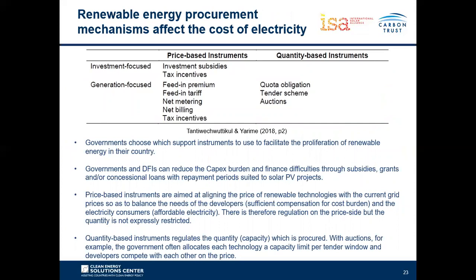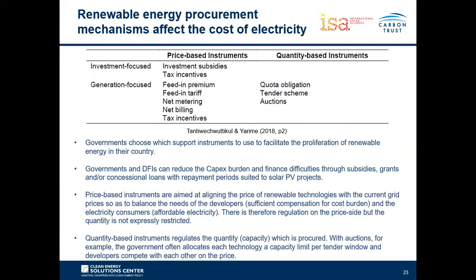Now, just looking at the procurement mechanisms which affect how much electricity comes from these projects and at what price, we see broadly there are two different types: a price-based and a quantity-based procurement mechanism. Under the price-based mechanisms, this is where you find your feed-in tariffs and your feed-in premiums predominantly, where the quantity is not capped, but the price that's paid for the electricity is determined by the regulatory body.